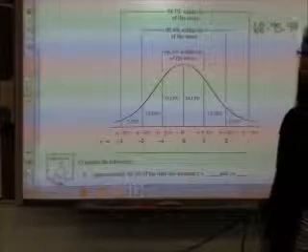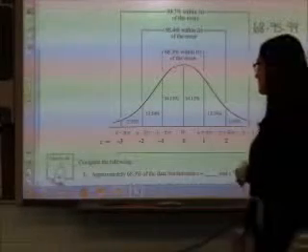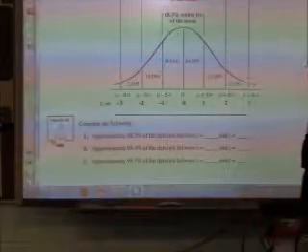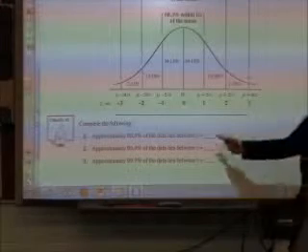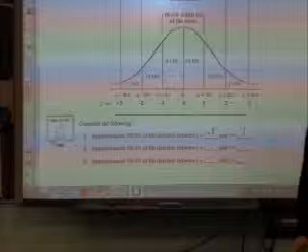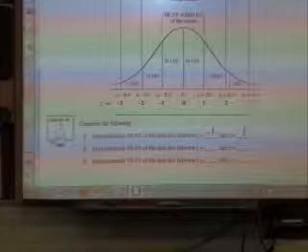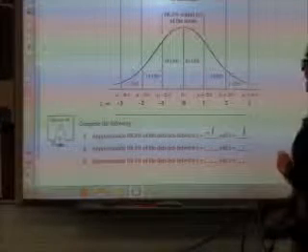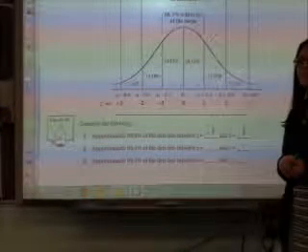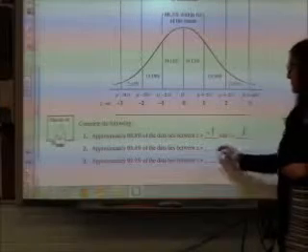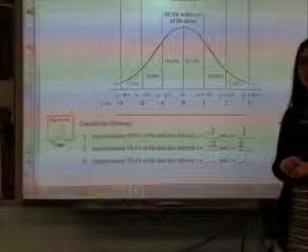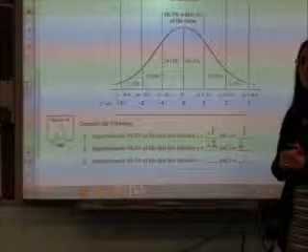So it's a good approximation. Approximately 68.3% of the data lies between a z-score of -1 and +1. 95.4% of the data would lie between a z-score of -2 and +2, and 99.7% of the data lies between what two z-scores?